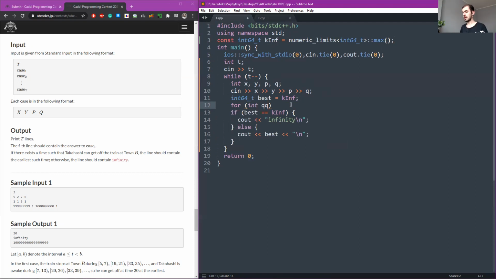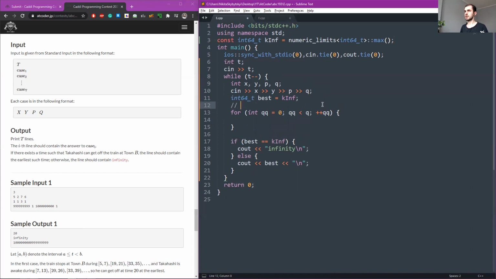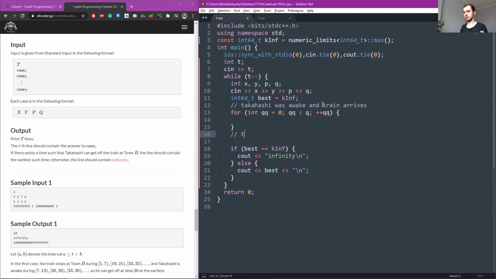We have Q prime, which goes from 0 to Q not included because half intervals are open, plus QQ, I believe. So that's what? That is train arrives, arrives and wakes.